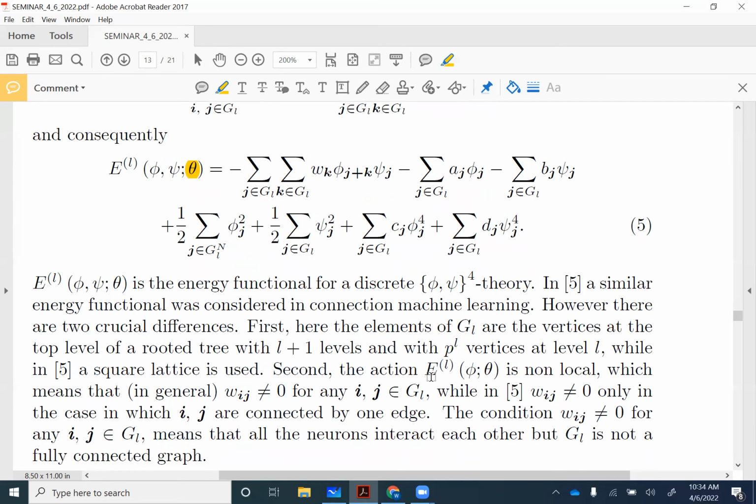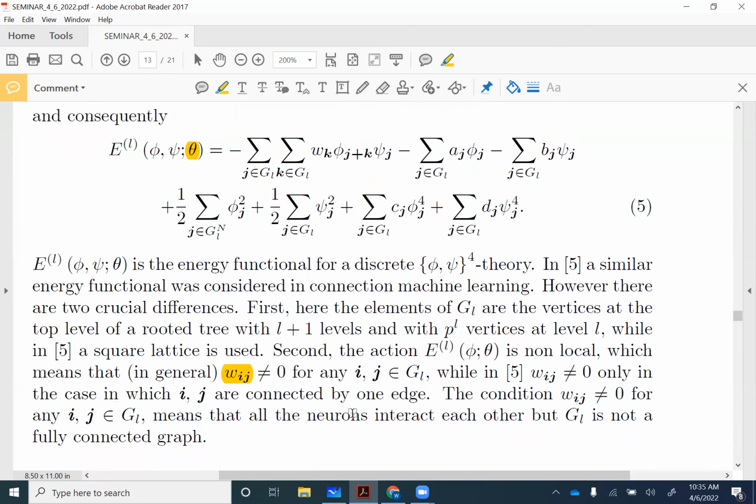Second, the action EL is non-local, which means that in general, these coupling constants are different from 0 for any i, j in GL. While in that paper, these coupling constants are different from 0 only in the case in which i and j are connected by one edge.